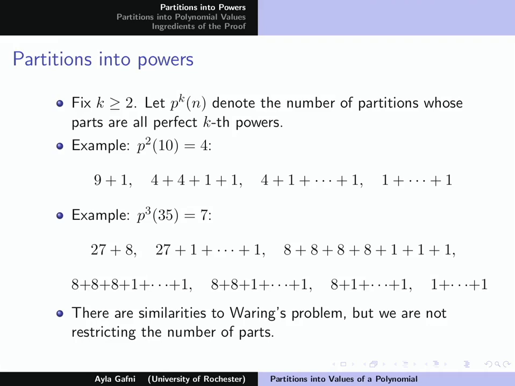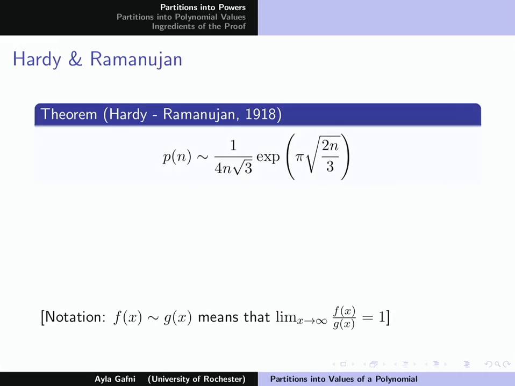So let's look at some of the history and background of this problem. It starts with Hardy and Ramanujan, as most partition problems do. So in 1918, Hardy and Ramanujan were studying the partition function, and they introduced the circle method to show an asymptotic formula for the number of partitions of n, and it has this asymptotic growth as the main term.